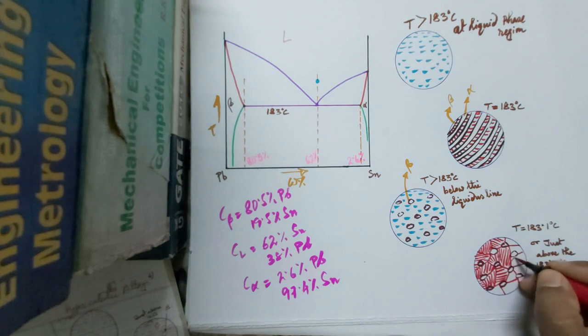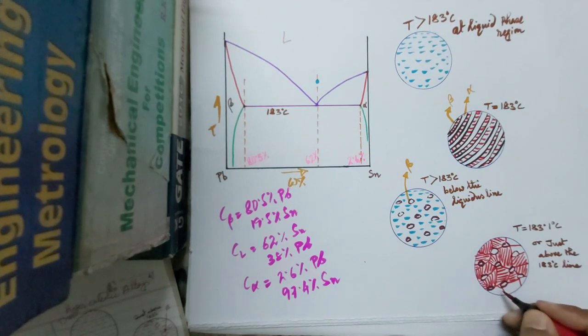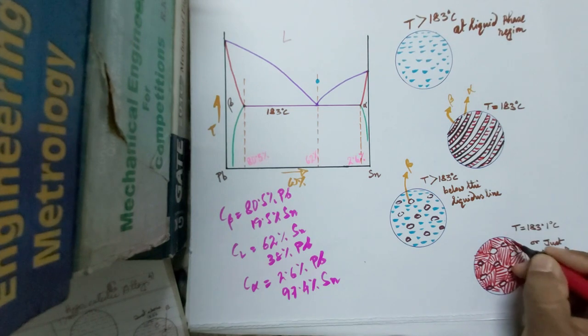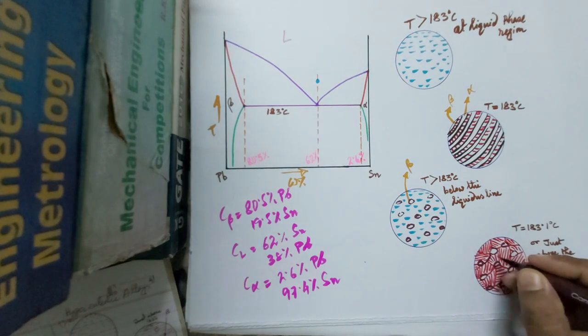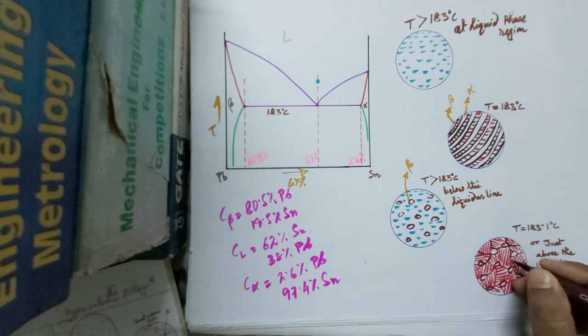So these red places are a combination of alpha and beta. In this case we have two different kinds of beta: one is globular, another is this crystal.